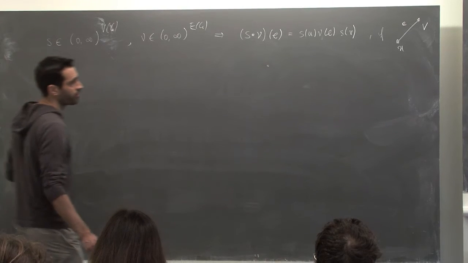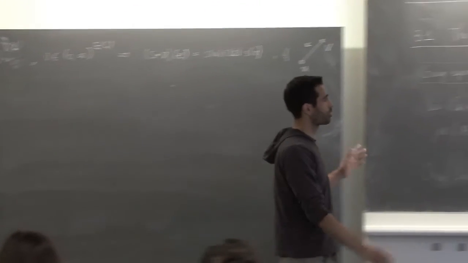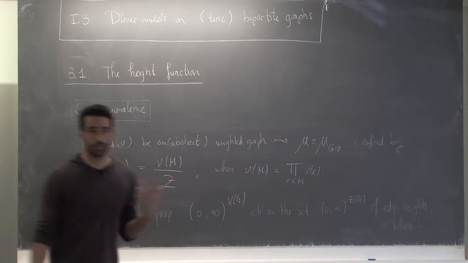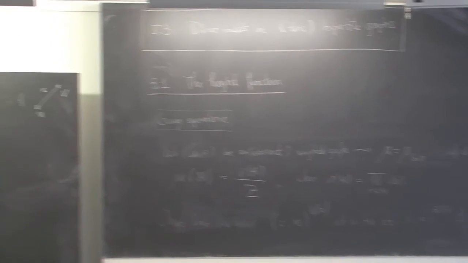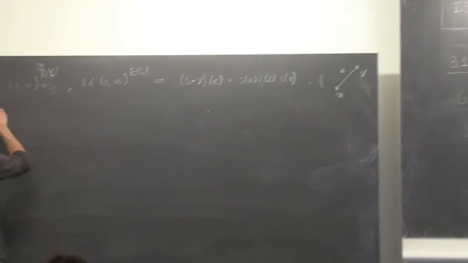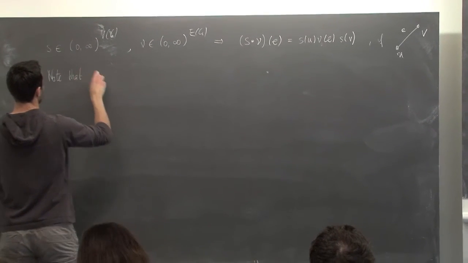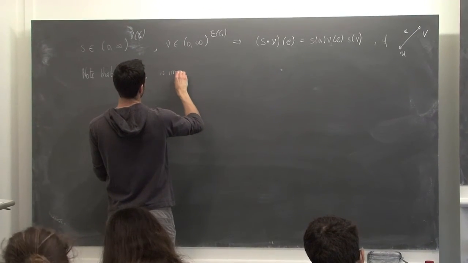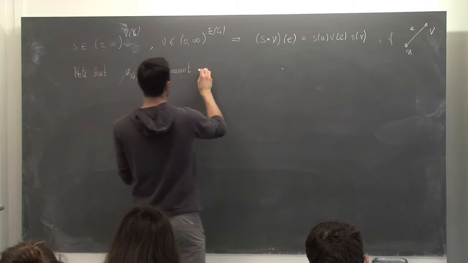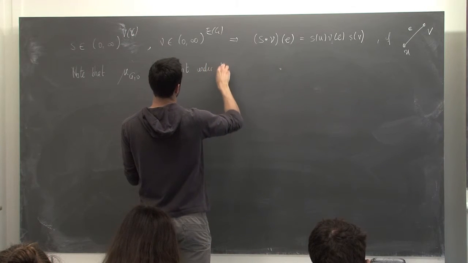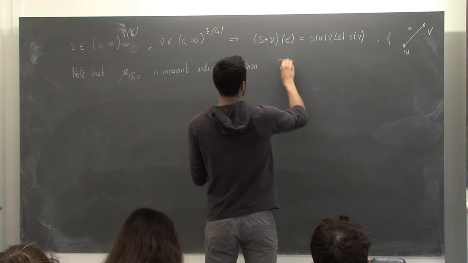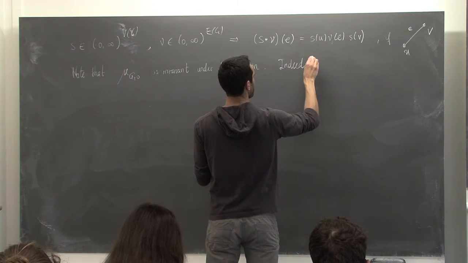But now observe, I claim that this measure here is invariant under this action. So note that mu G nu is invariant under this action. Indeed, let's just do the easy computation.